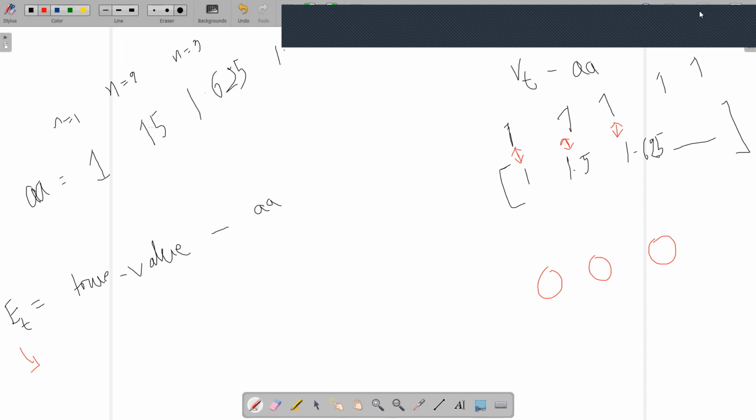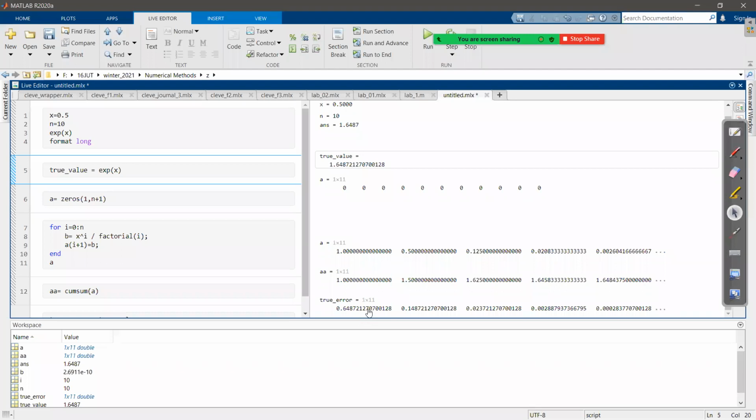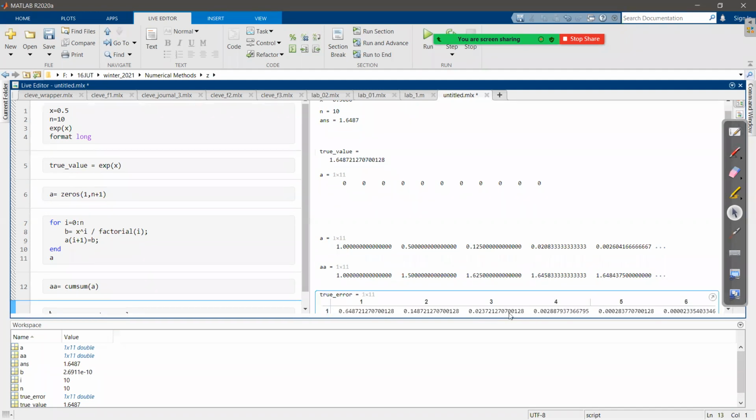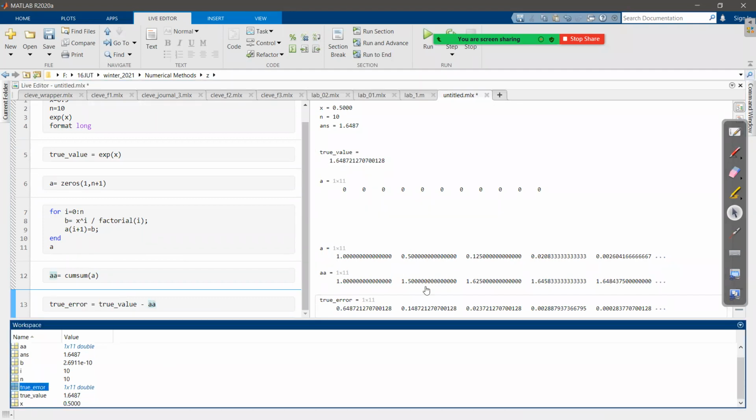Are you getting me? Yes, sir. Each one is my approximated value up to n. So this is my true error. Now, let's go here. How to visualize it? It is also important that I try to visualize this.